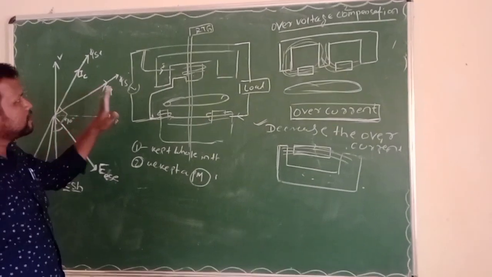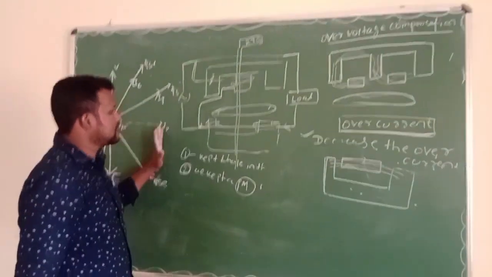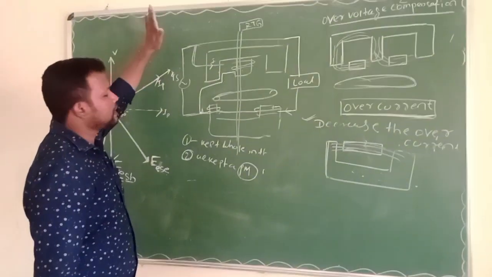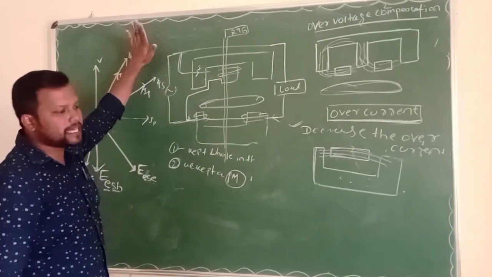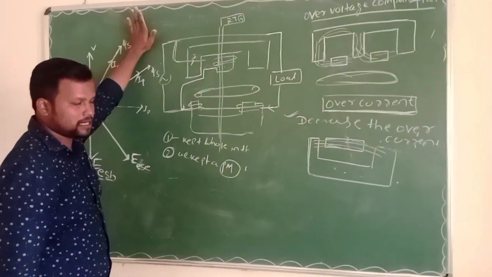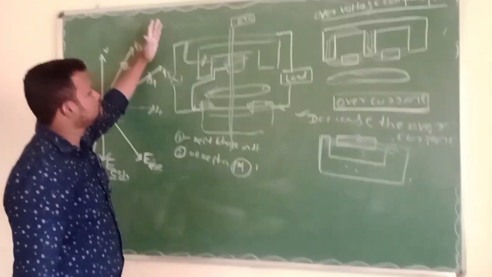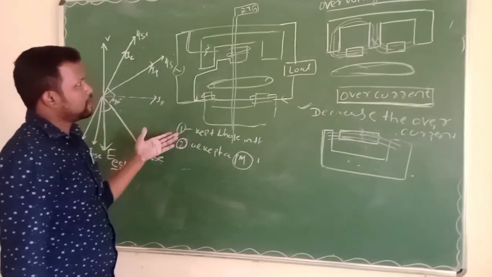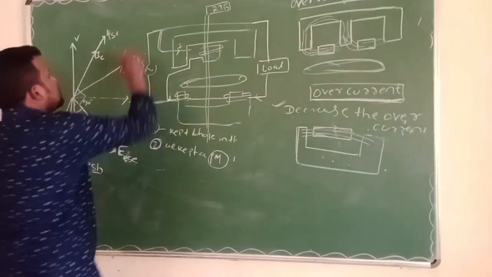One of the final reviews of this energy meter is that it has no controlling torque. It is an integrating type of instrument, and it should be given an AC supply.